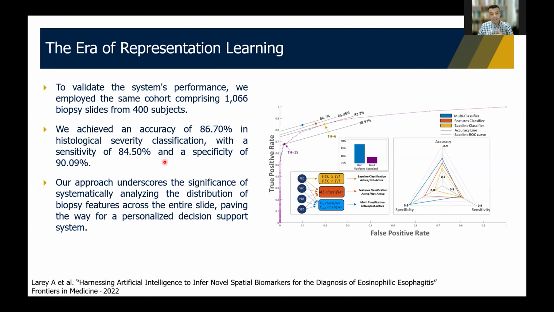Okay, and we are able to capture this severity with an accuracy of 85%. So what this highlights is the importance of going from just recapitulating what the pathologist is doing to try to infer new biomarkers.